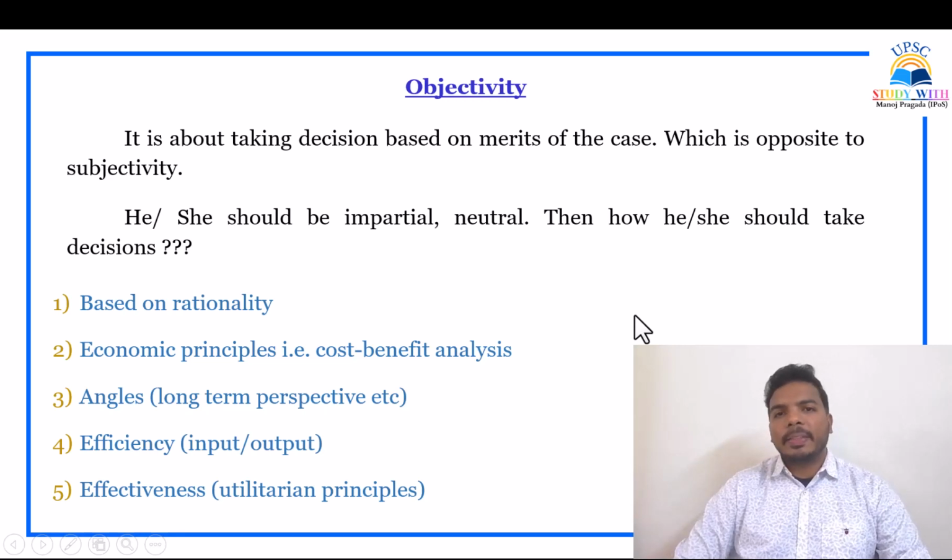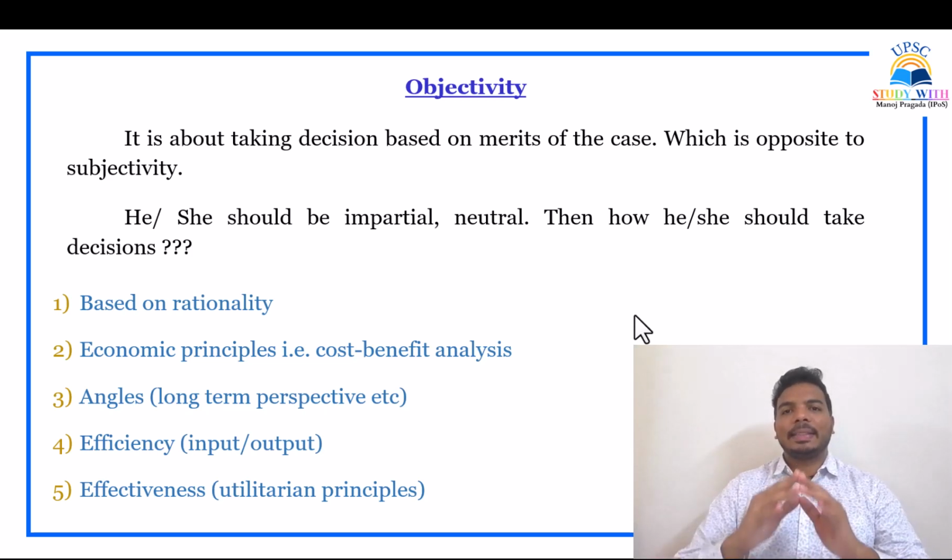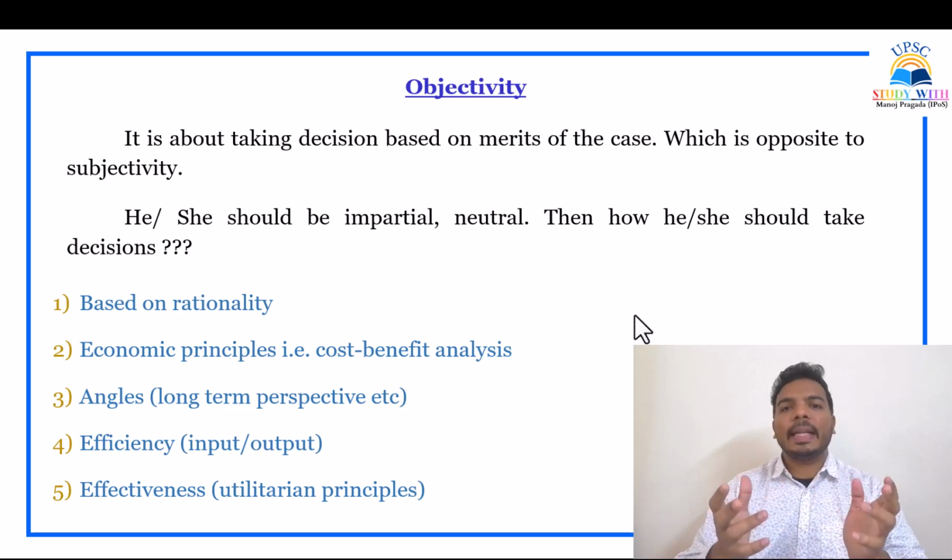So what is objectivity? The definition is that it is about taking decisions based on the merits of the case. So what is the merit? As an administrator, so many files will come to you. And every day you face so many challenges at your workplace, in your offices, while dealing with your superiors as well as while dealing with the public or various stakeholders, maybe businesses, maybe NGOs, maybe international organizations, maybe media.